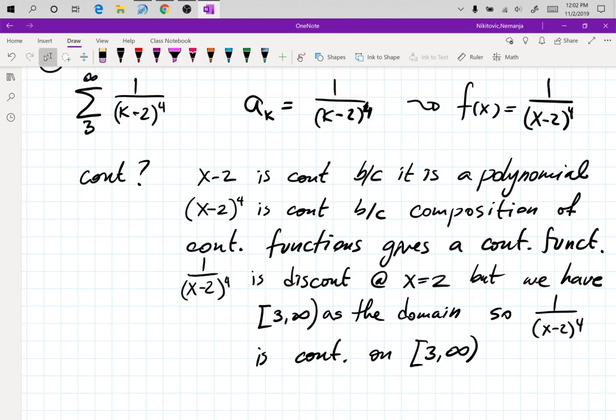We have a polynomial and then a polynomial. Well, if you FOIL it into x to the 4th, it will still be a polynomial, so it's continuous. But you can also use the two theorems, one for the polynomial and then the function composition, right?